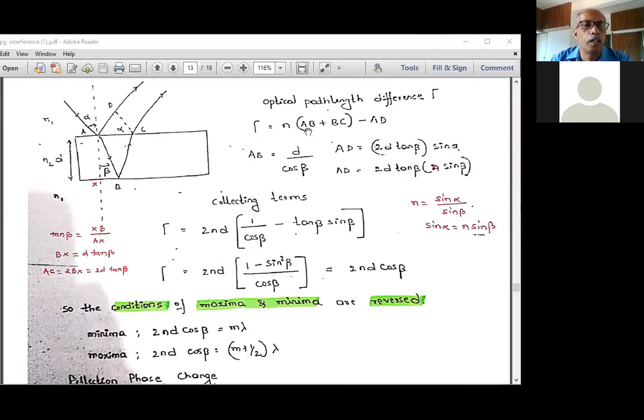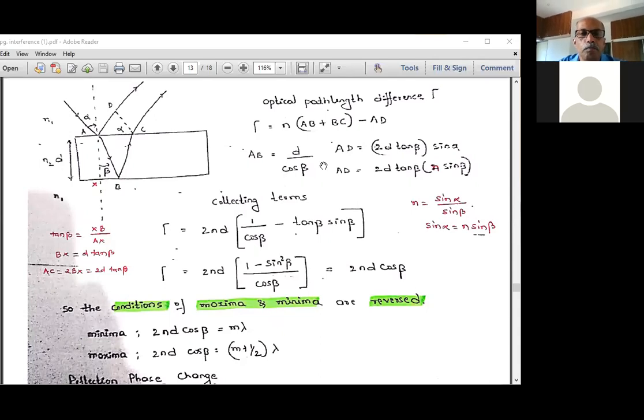Therefore, n into (AB plus BC), the total path traveled by the light in the film, AB plus BC multiplied by its refractive index, minus the path of light traveled in the air medium, that is AD. This difference gives the optical path difference.